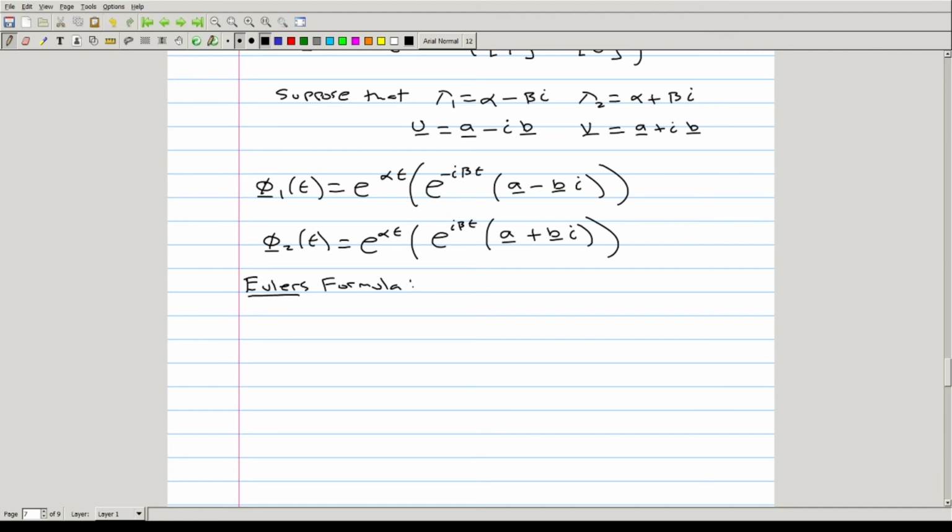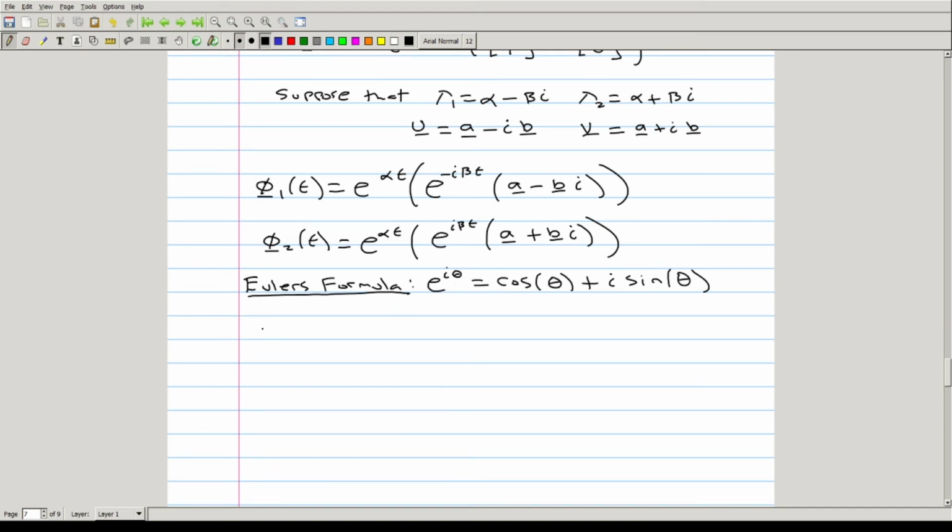This is one of the most fundamental formulas in all of mathematics. I go through and prove this for my Calculus 3 students. This is that for any real value theta, e to the i theta is cosine of theta plus i times sine of theta.